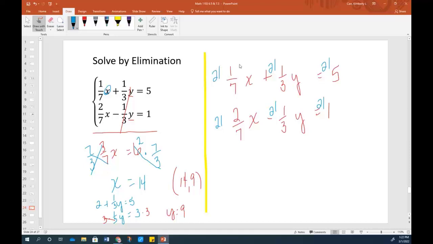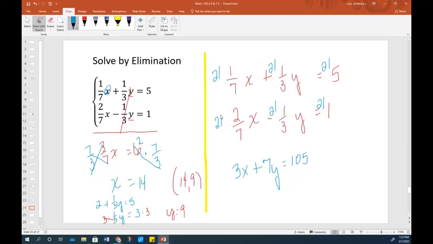Then, when you are dealing with a whole number times a fraction, this bottom number just represents division. So 21 divided by 7 is 3, times 1 is 3. So that becomes 3x. This one becomes 7y. And 21 times 5 is 105.